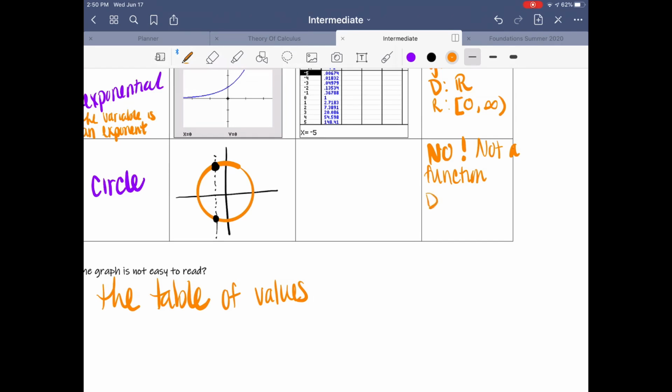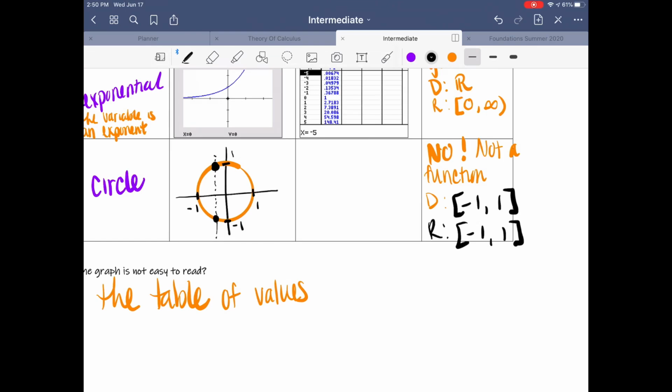So no, this is not a function. The domain goes from, this would be at negative 1, 1, 1, negative 1. So the domain goes from negative 1 to 1, and the range goes from negative 1 to 1.